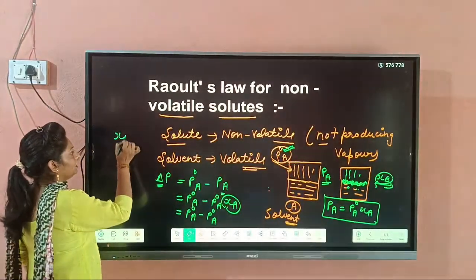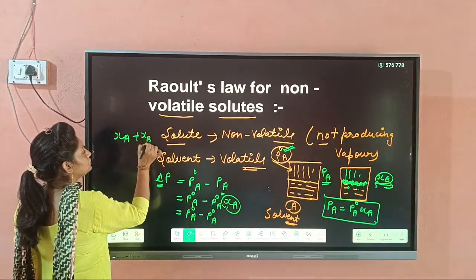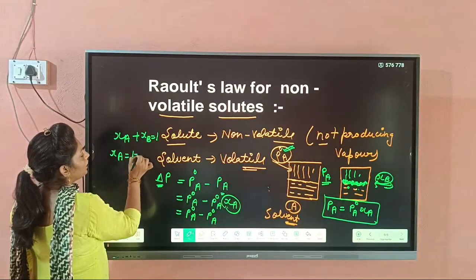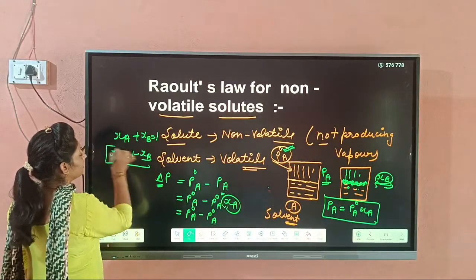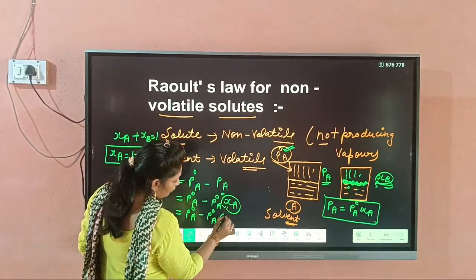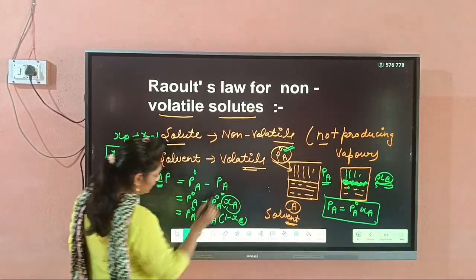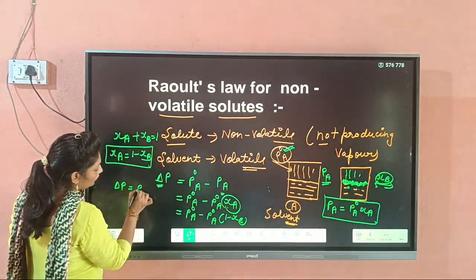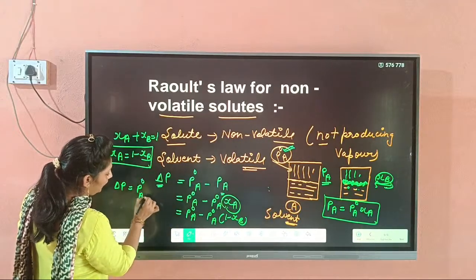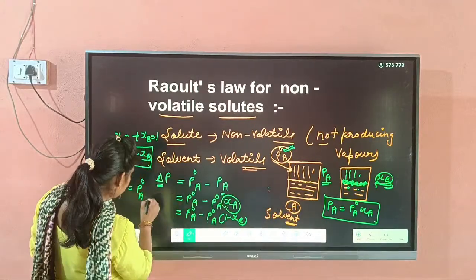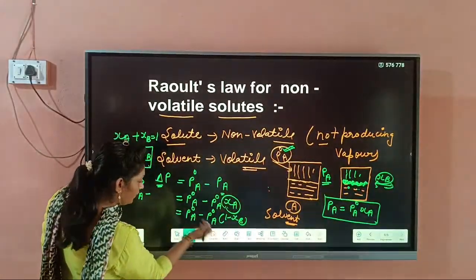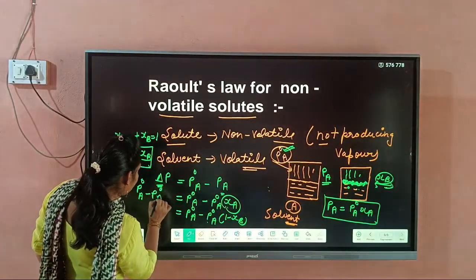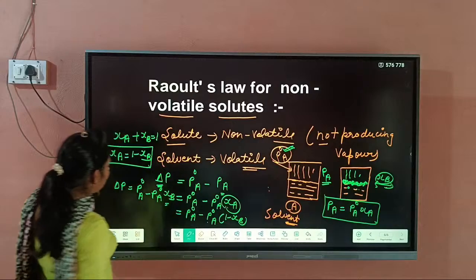So we know very well again, total mole fraction is 1. So from here, XA we can write 1 minus XB. From here, delta P is equal to P naught A minus P naught A XB. Okay, students.